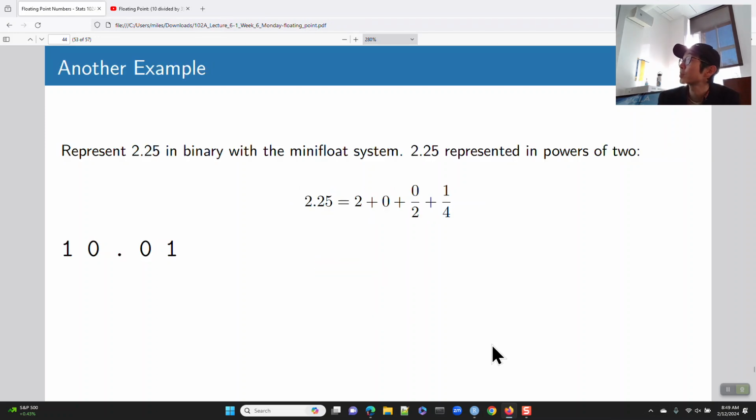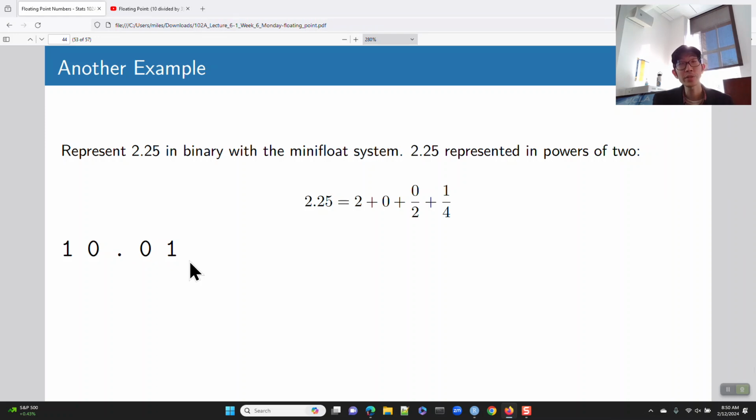Is that okay? All right, how would we represent the number 2.25 in our floating point system? In powers of 2, 2.25 is 2, 0 ones, 0 halves, and 1/4. So in binary, 2.25 becomes 10.01.